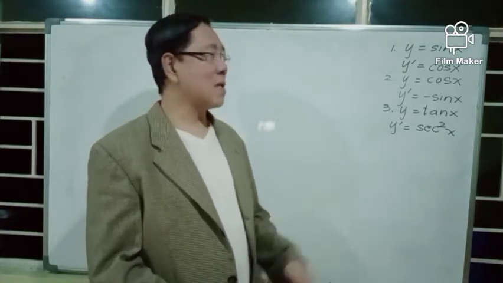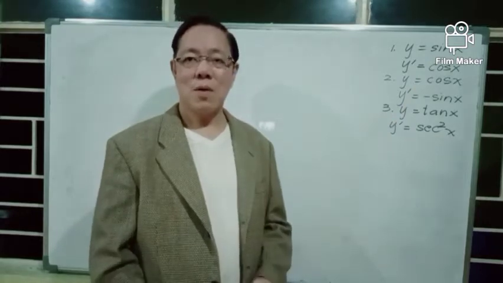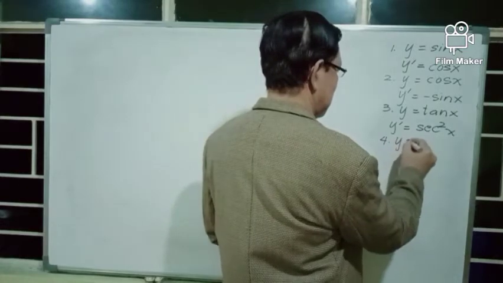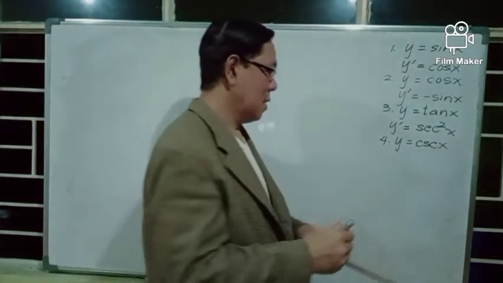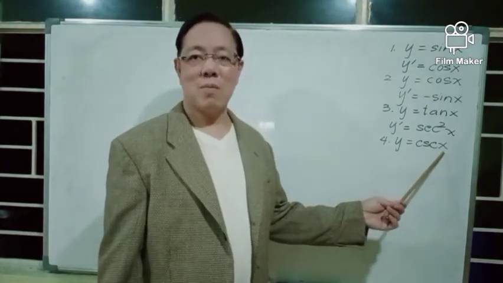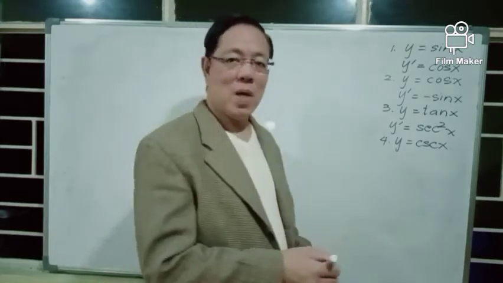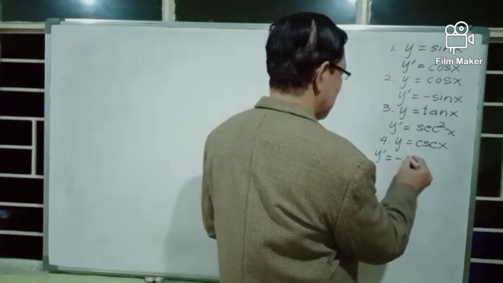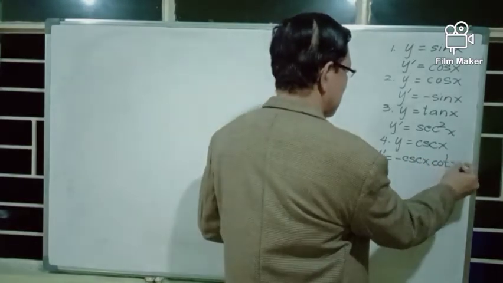Number 4 is the reciprocal of sine, and the reciprocal of sine is cosecant. If the function y equals cosecant of x, then the derivative of cosecant of x with respect to x, denoted by y prime, equals negative cosecant of x cotangent x.